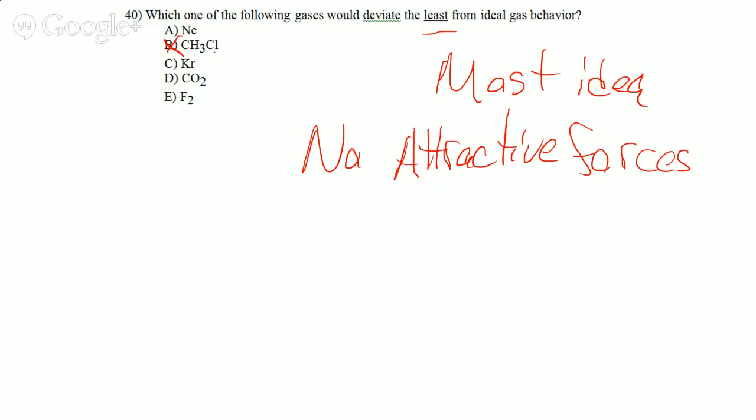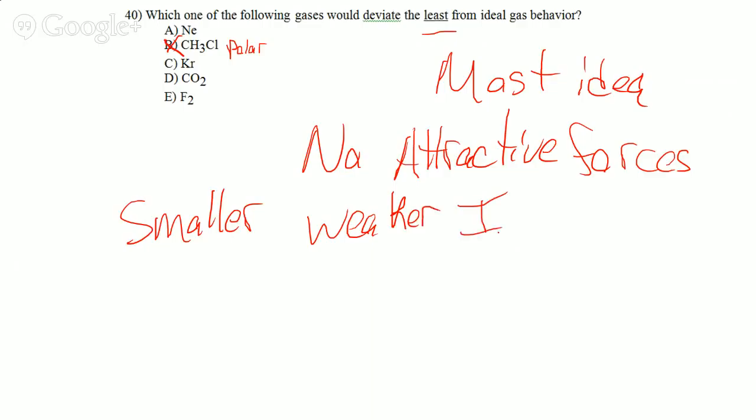Definitely not that one, because it's going to be a polar molecule, so it's going to have intermolecular attractive forces. So we're left with now nonpolar molecules. So which one's going to be the best? Well, you got to remember polarizability. The smaller the molecule, the weaker the intermolecular attractive forces. All right, so we want the smallest one because it'll deviate the least. So which one of these things is the smallest? Neon has the smallest mass.